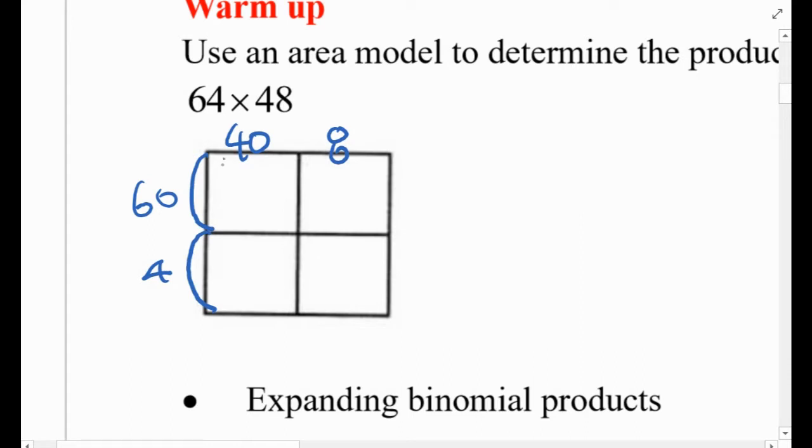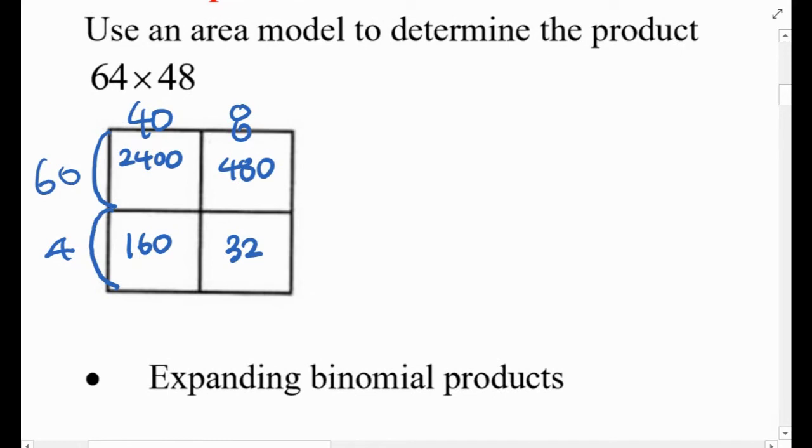So 60 times 40, what is the area of this one? 2,400. 60 times 8, what's the area of this one? 480. 4 times 40, the area of this one is 160. And the last square, 4 times 8, 32. And now you can just simply add those up.